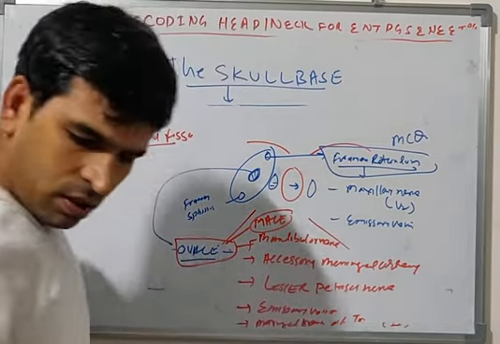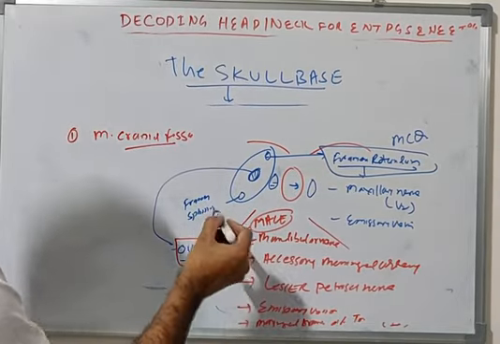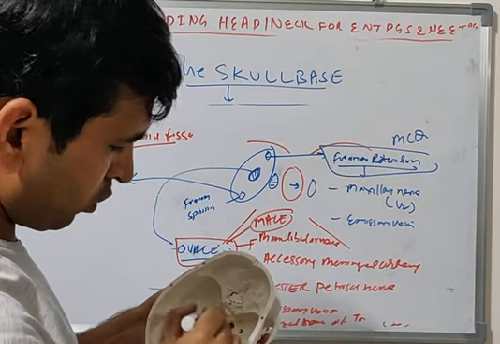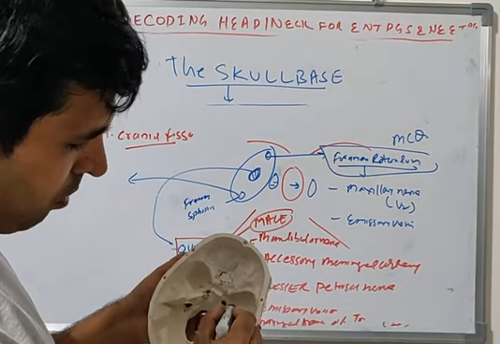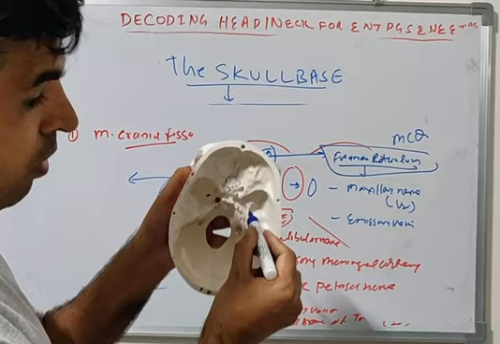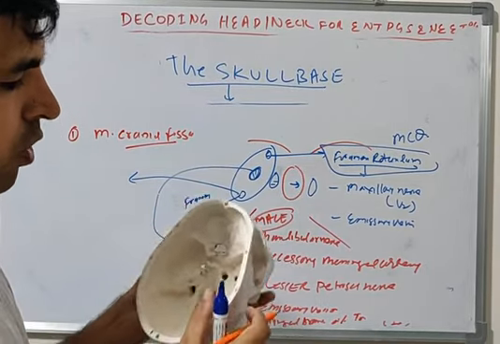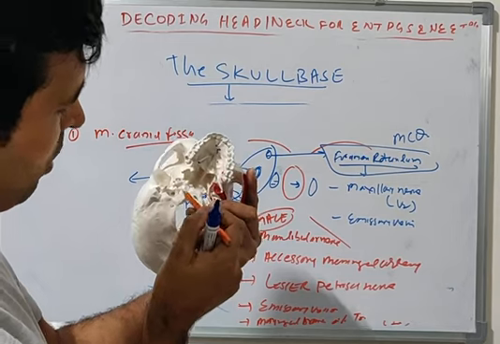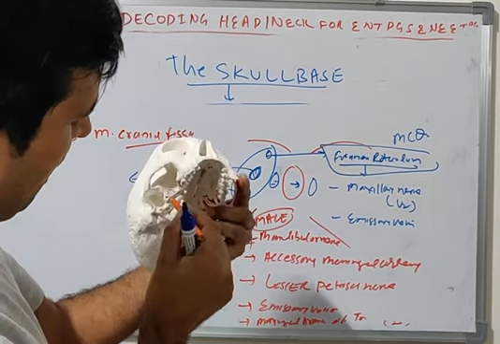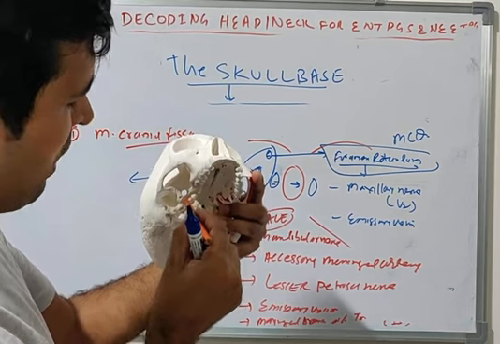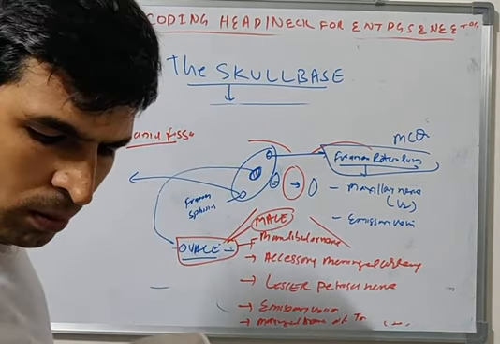Now behind this is the last foramen, called foramen spinosum. It is the foramen behind the oval shaped foramen. It is called spinosum because of the spine of sphenoid here, that's why it's called the foramen spinosum.